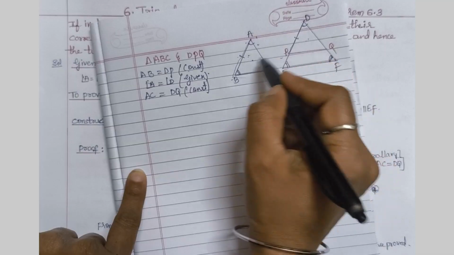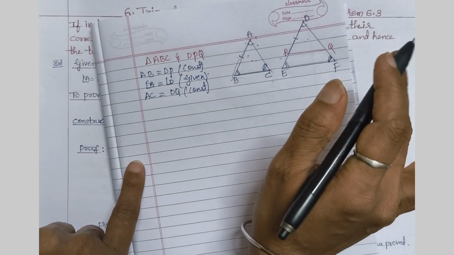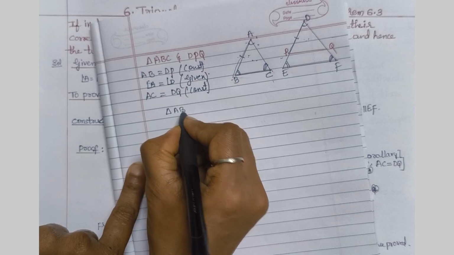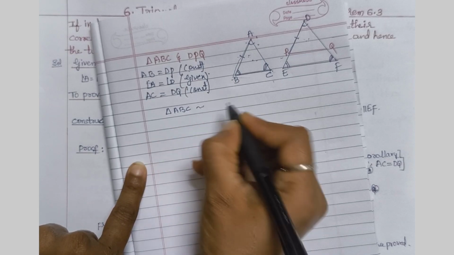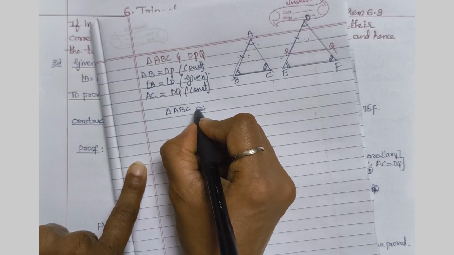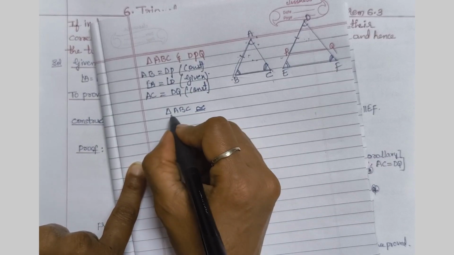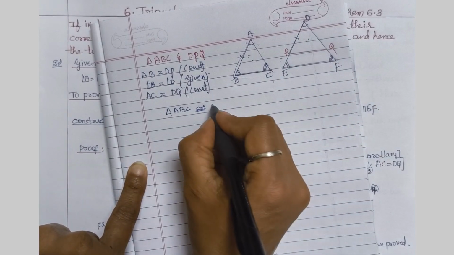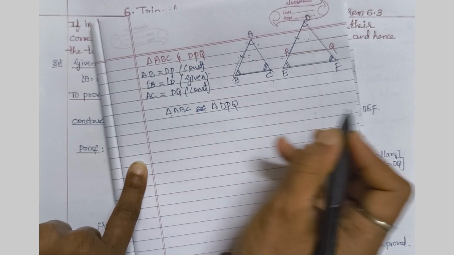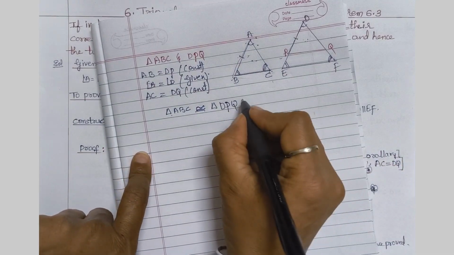By the side, angle, side postulate, these two triangles are congruent. So triangle ABC is congruent to triangle DPQ. This is the congruent symbol. Both are congruent. What is the reason?